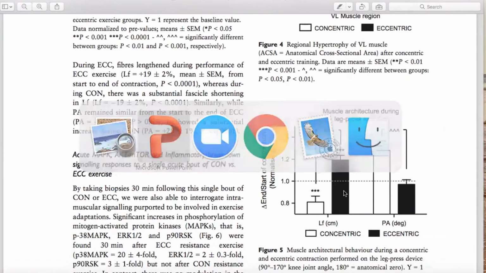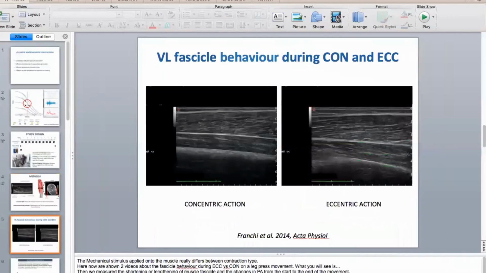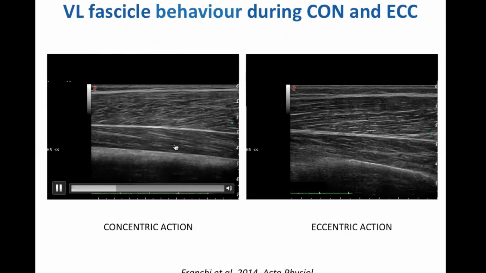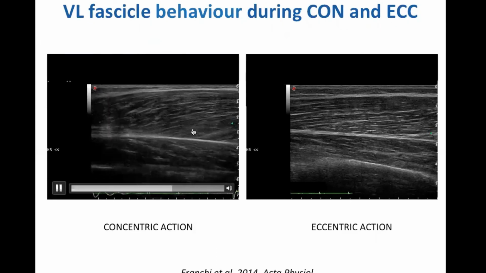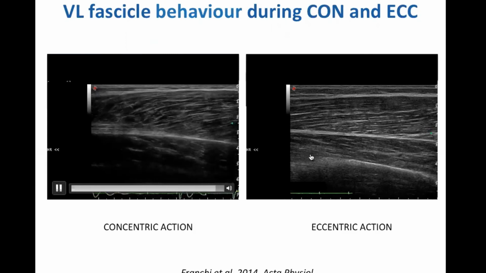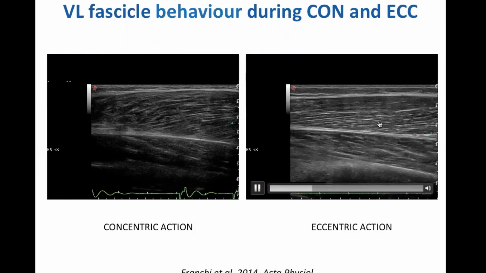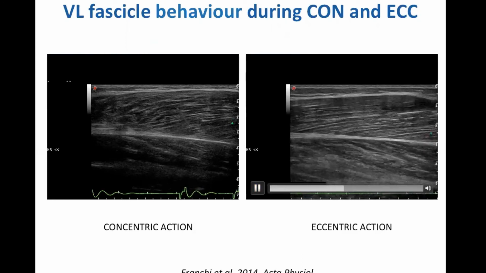This is something nice, which I always like to show. It is quite clear in this ultrasound video. You can see that the fascicles are shortened and then they tilt in pennation angle, whereas during the eccentric action the vastus lateralis fascicles are lengthened, and you can clearly see the lengthening of the fascicles.